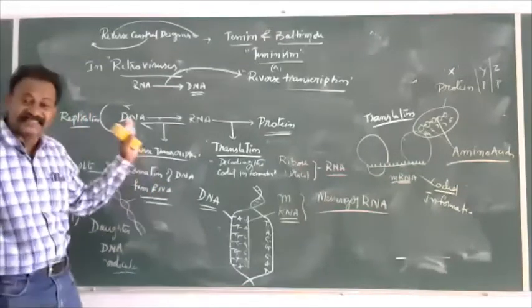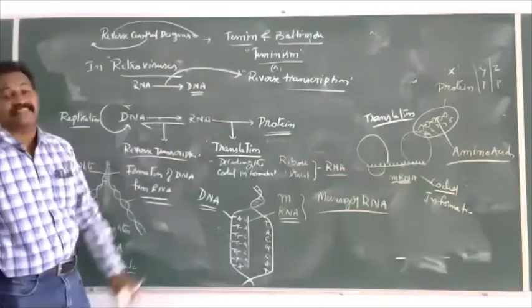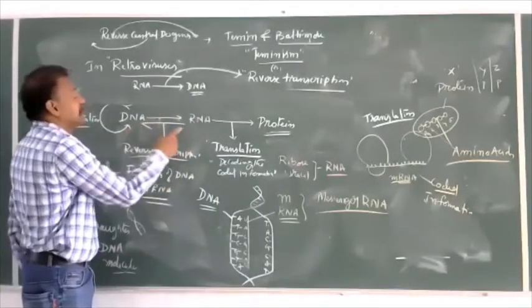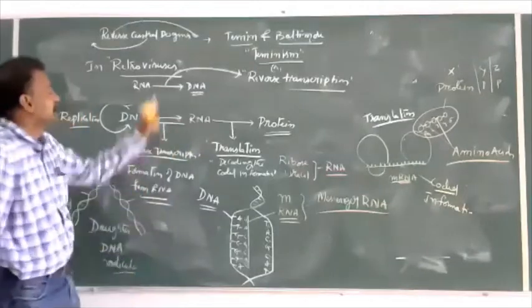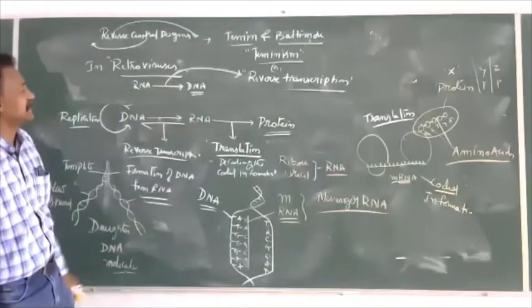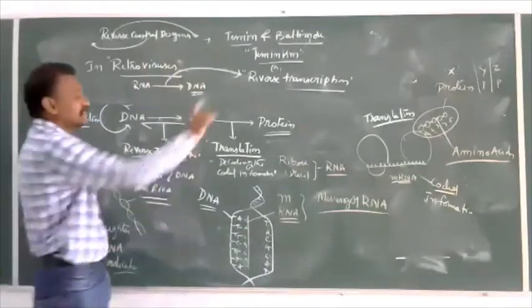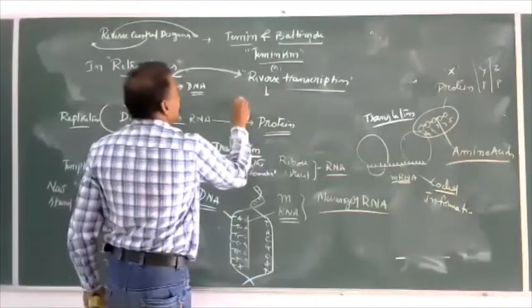A specific enzyme they have studied is reverse transcriptase. When it is going forward, it is transcriptase; when it is going this way, it is reverse transcriptase. Examples are retroviruses.